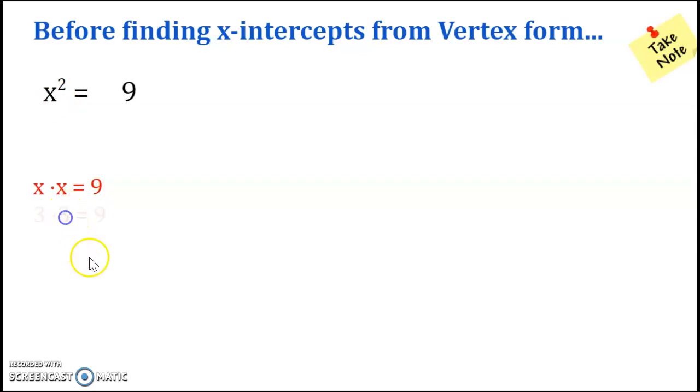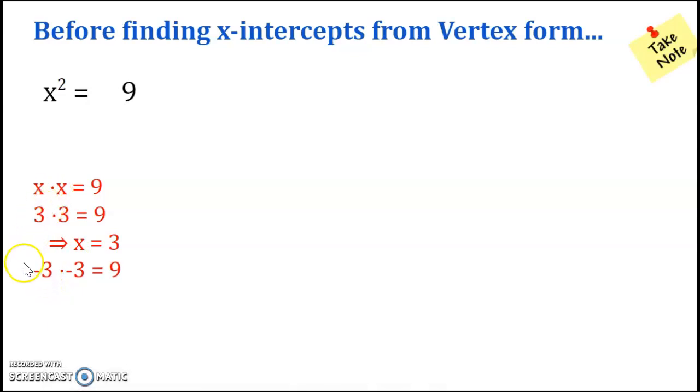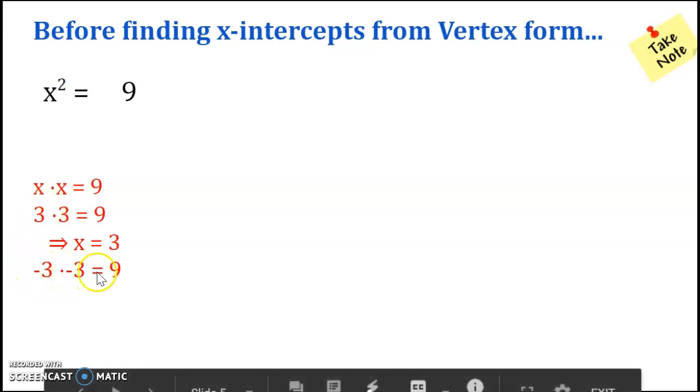Well, you know that 3 times 3 is 9, so x must be equal to 3. Is that the only solution? No, there is another possibility. Negative 3 times negative 3 is also 9. That means x could be negative 3 as well.